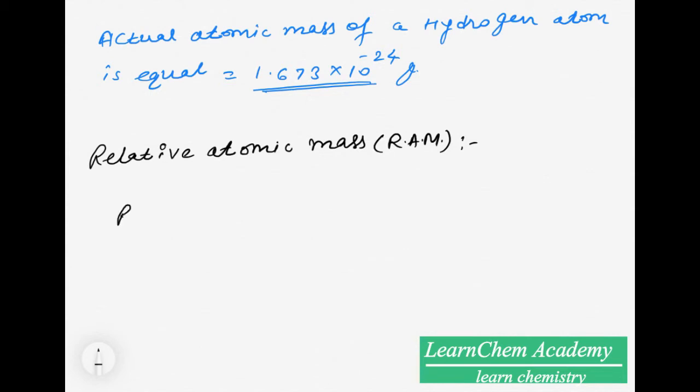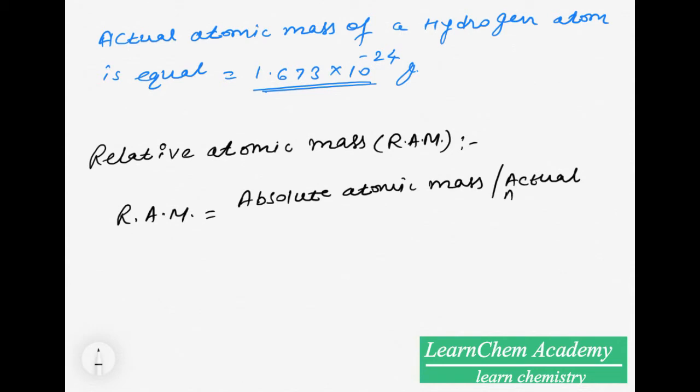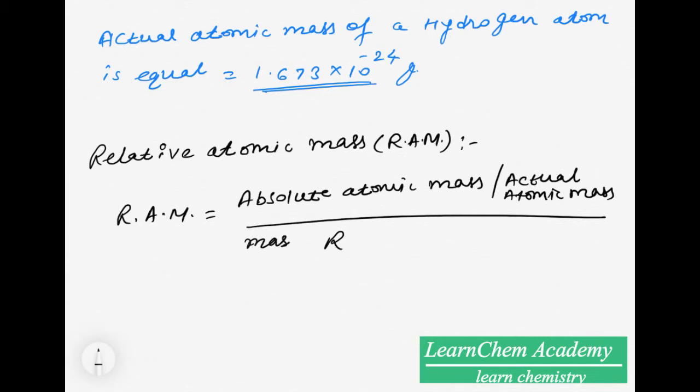So we can write: relative atomic mass is equal to absolute atomic mass, the actual atomic mass, divided by the mass of the reference element, or we can say reference atom.